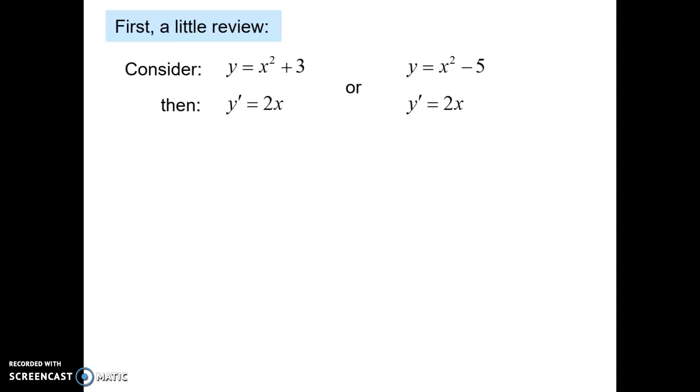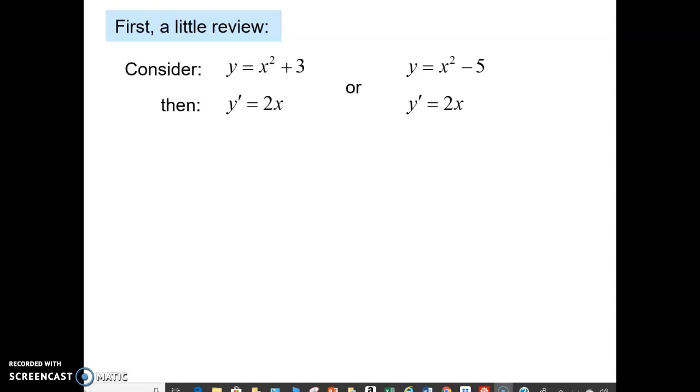Going backwards, if we're given a derivative function and the derivative was 2x, both of these functions could possibly be the antiderivative function, or the function whose derivative is given as 2x. So what do we do here?